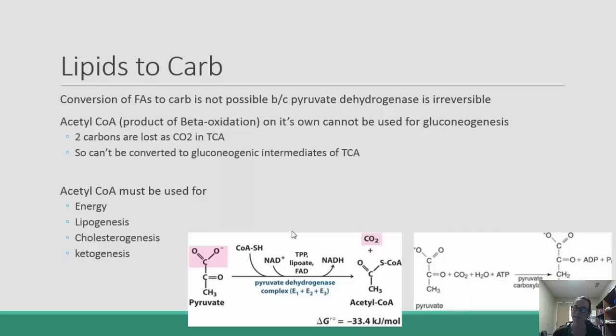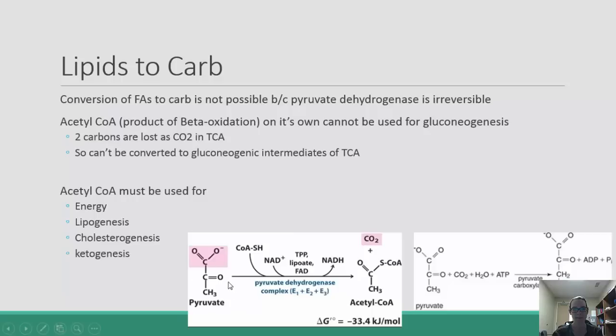Okay, now here's where it gets a little bit tricky. We know that the glycerol can be converted to glucose, but what about the fatty acid part of the lipid? Well, conversion of the fatty acid part of the lipid is not possible, and this is a little bit counterintuitive, but it's not possible primarily because the pyruvate dehydrogenase reaction is irreversible, and we see that here.